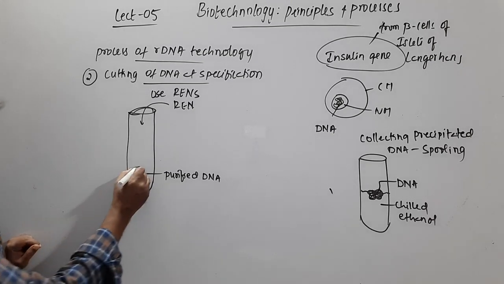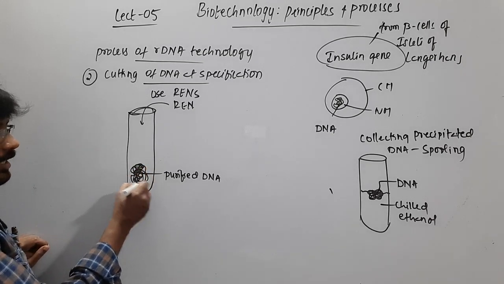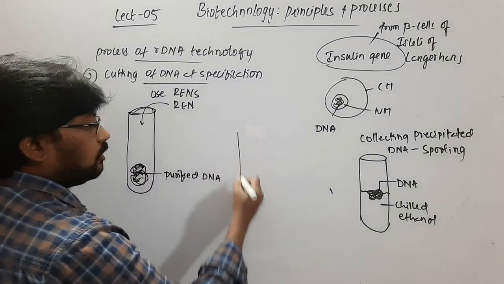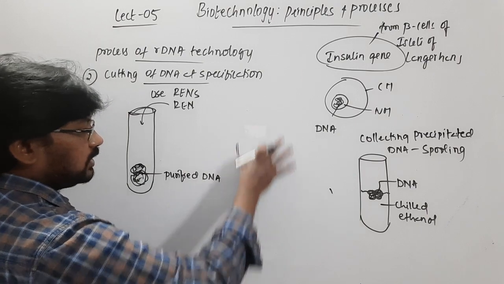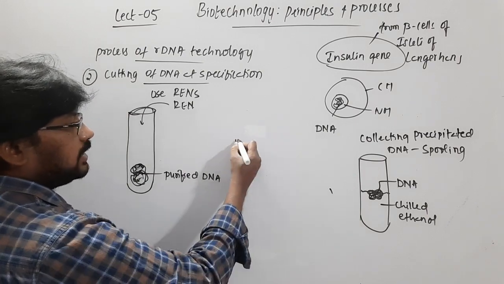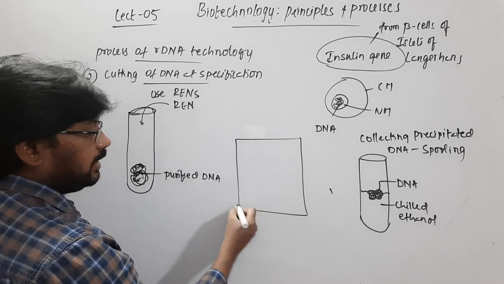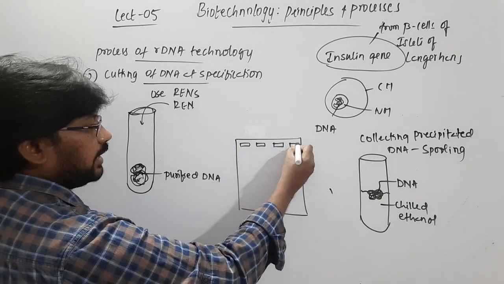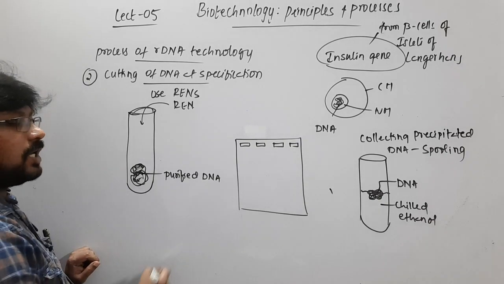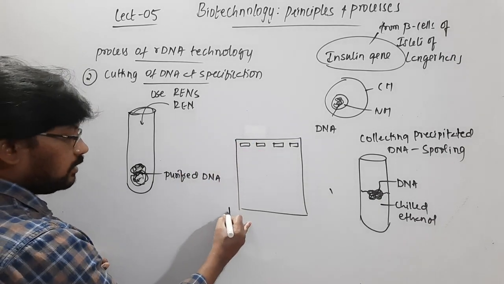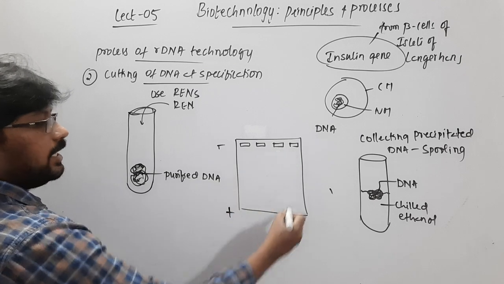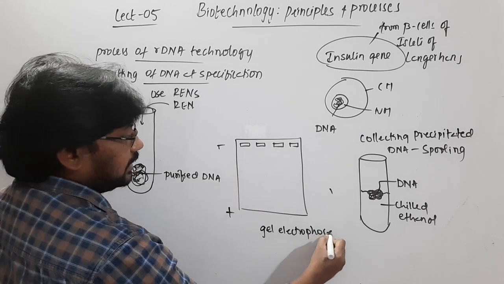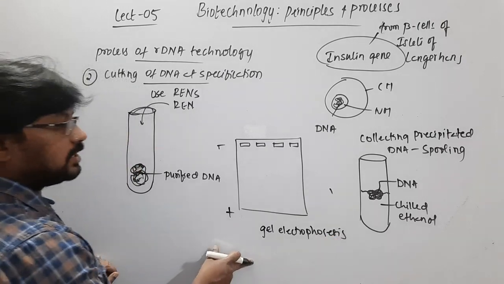So those fragments I need to isolate by agarose gel electrophoresis. Once the DNAs are fragmented, this is the plus and minus, and this is the gel electrophoresis. I think we already discussed this gel electrophoresis.